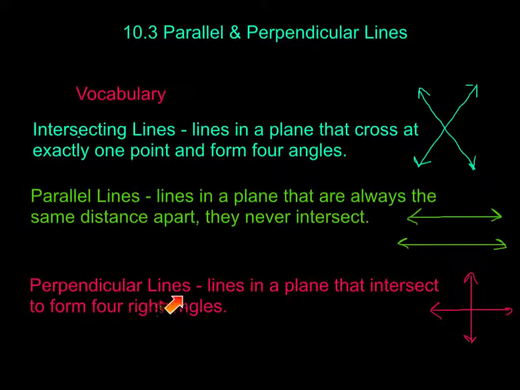Perpendicular lines are lines in a plane that intersect to form four right angles. So if you notice here, we have one right angle, two right angles, three right angles, and four right angles.